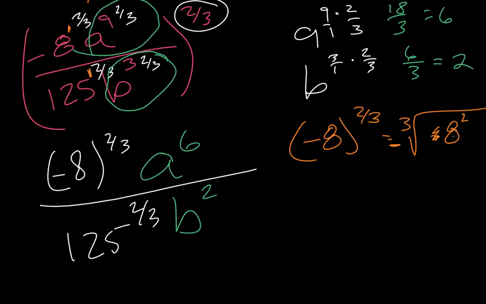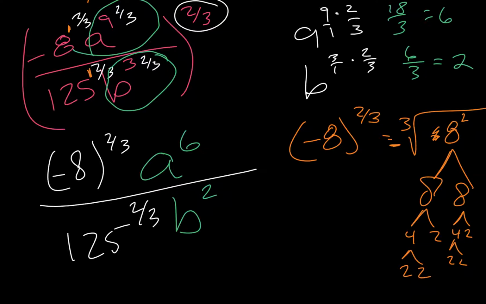So we have 8 squared, which we could break up into 8 times 8. We're using something I call the tree method. 4 times 2, 2 times 2, 4 times 2, 2 times 2. Now, I know it's kind of hard to see, but we're looking for triples because of this number.